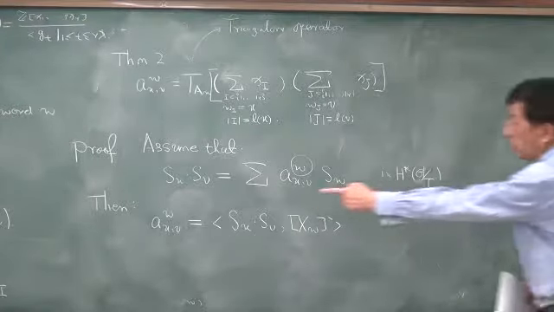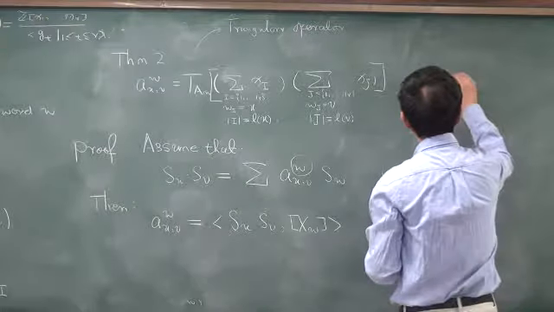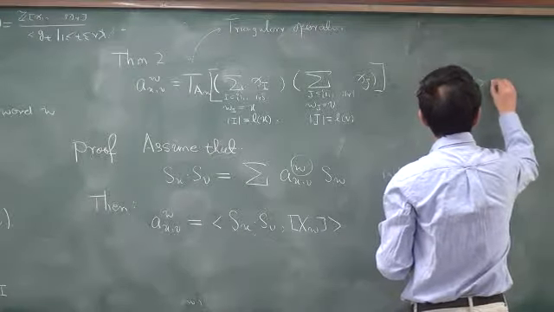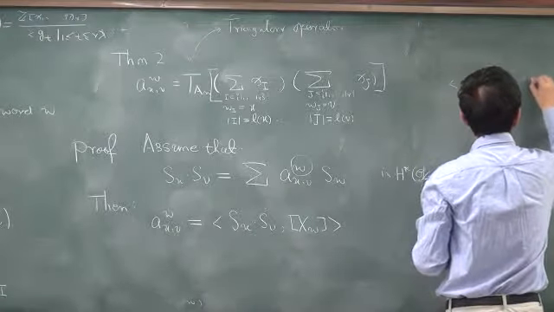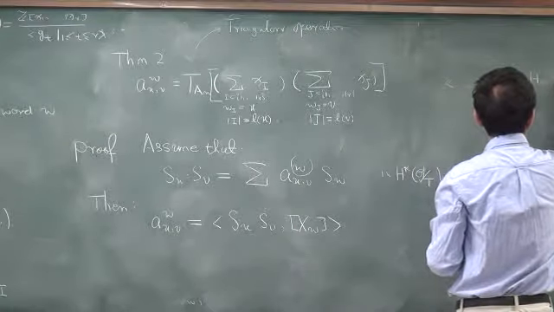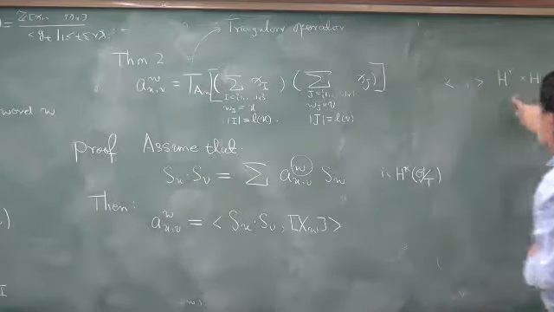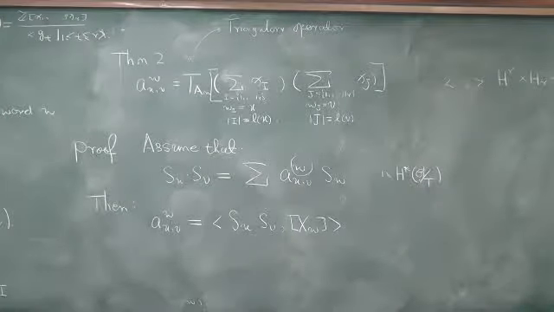This is the normal Kronecker pairing between cohomology and homology.